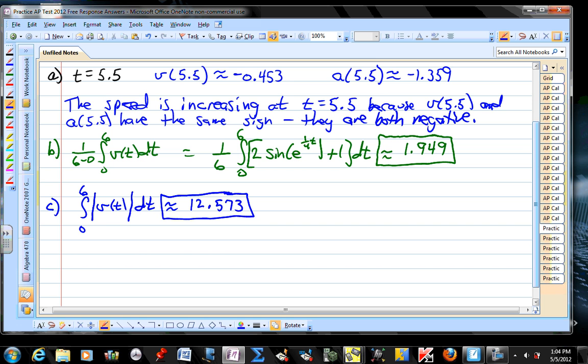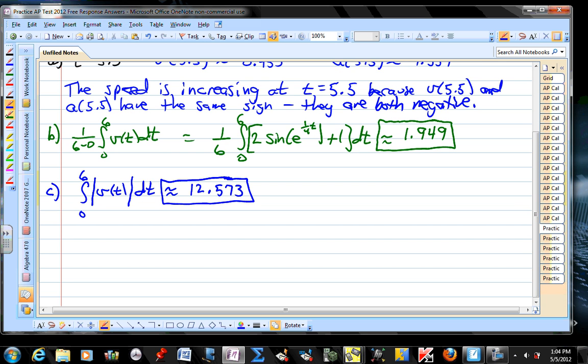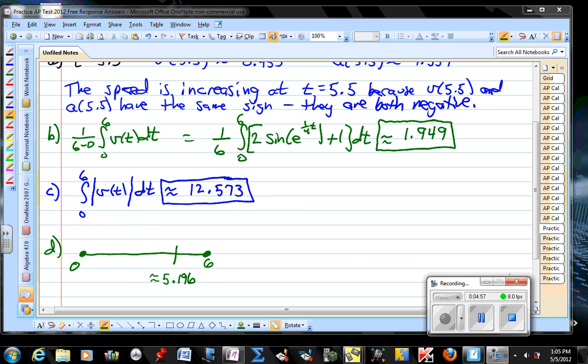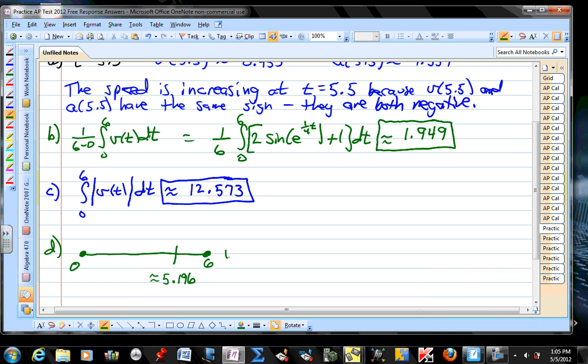Now finally, in part D, they tell us that the particle changes direction exactly once. Find the position of the particle at that time. So we have some work to do here. We're going to make a sign chart for the velocity, and we're going to find the critical numbers, wherever the velocity is 0 or undefined.